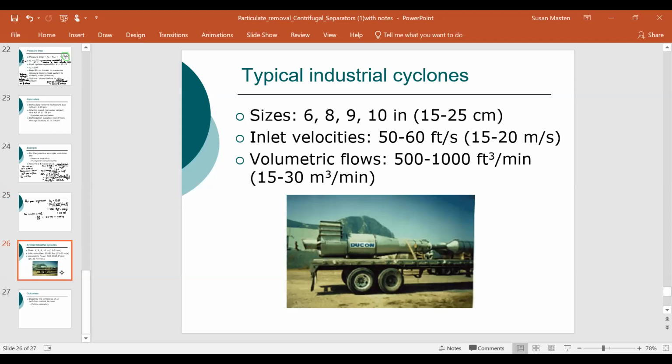They're typically treating inlet velocities of about 50 to 60 feet per second, or about 15 to 20 meters per second, and have volumetric flow rates of about 500 to 1,000 cubic feet per minute. Okay, so I just wanted you to have some sense of the size.